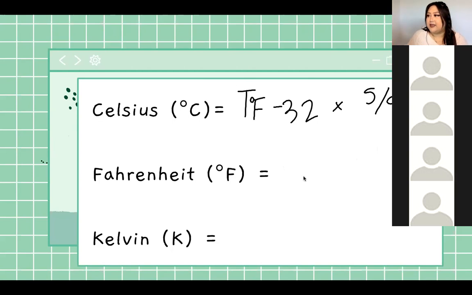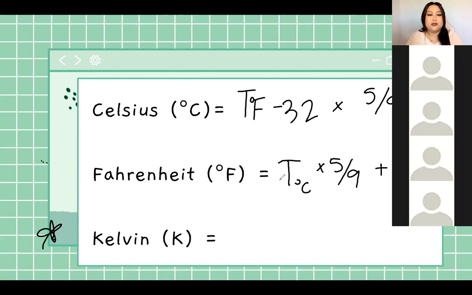Okay, so we have temperature in Celsius times 5/9 plus 32. Okay, I think this one's the easiest one to remember, the Kelvin one.